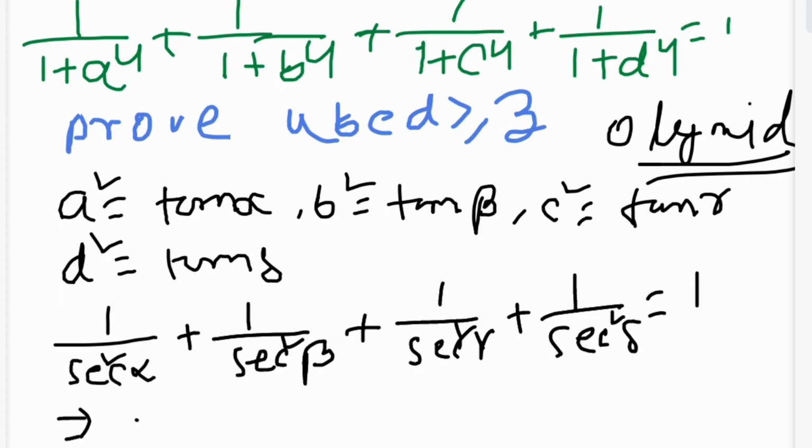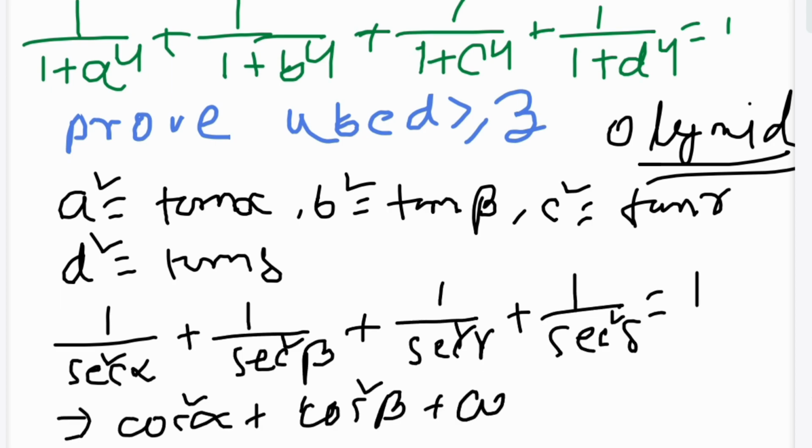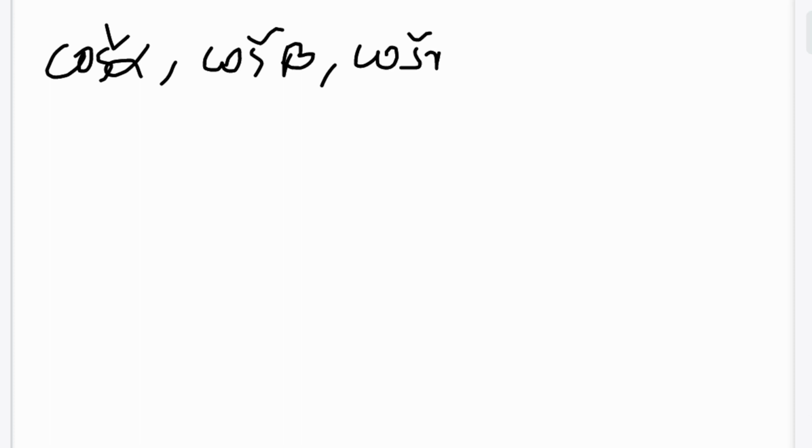So this is simply cos square alpha plus cos square beta plus cos square gamma plus cos square delta equal to 1, right?